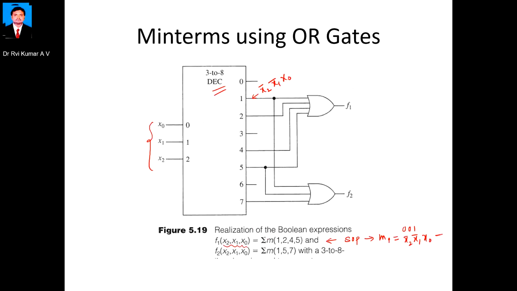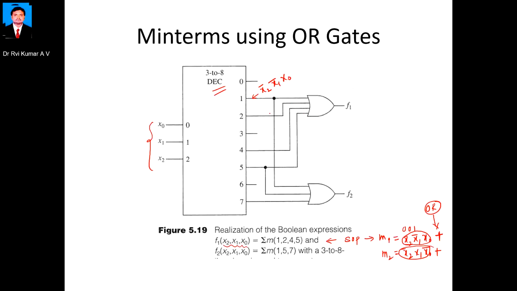Then plus m2, which is 010, x2 bar, x1, x0 bar, plus so on. All these product terms are represented as min-terms, and after the min-terms I am supposed to do the plus operation, which means I need to use the OR gate.